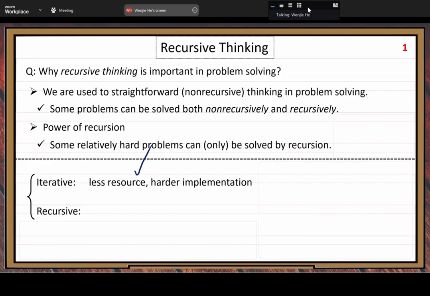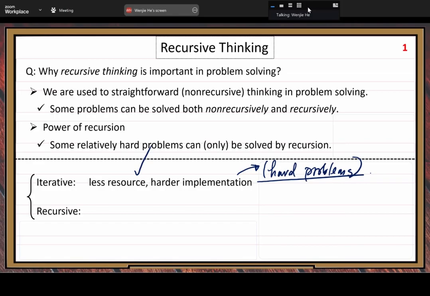Harder implementation for hard problems. Because for easy problems, it's not harder. For hard problems, the non-recursive way could be very complicated.